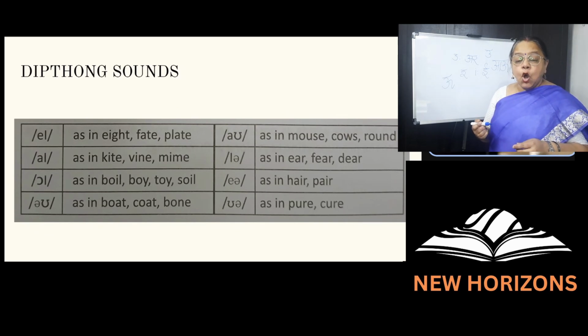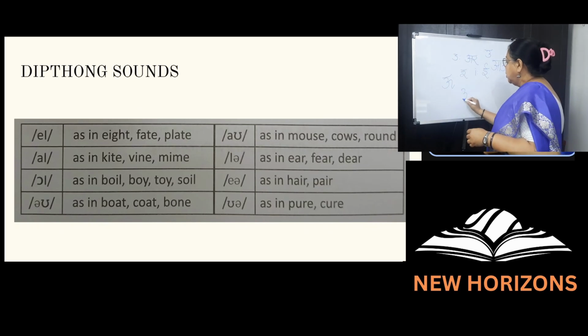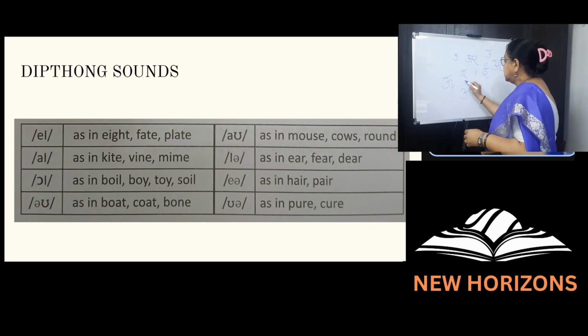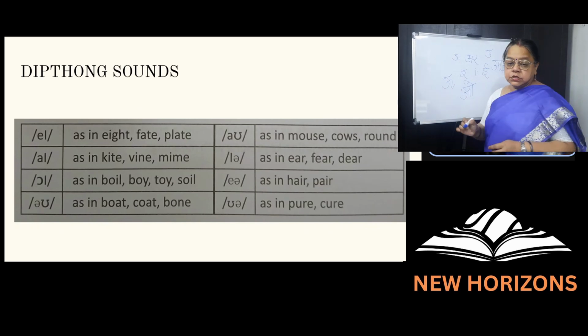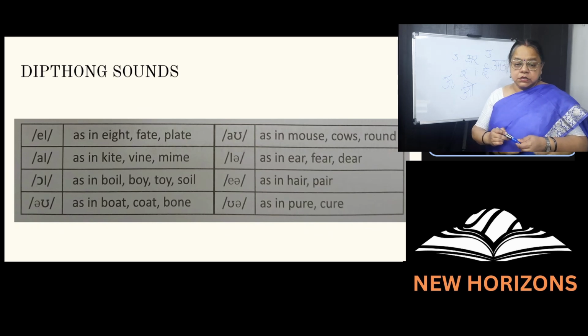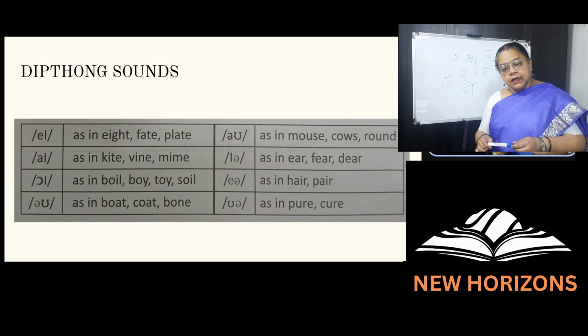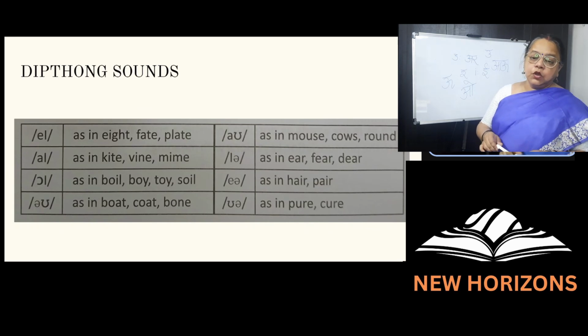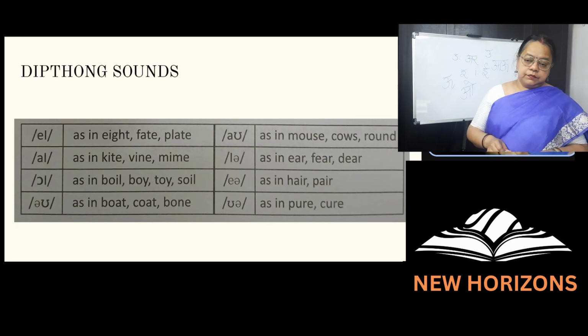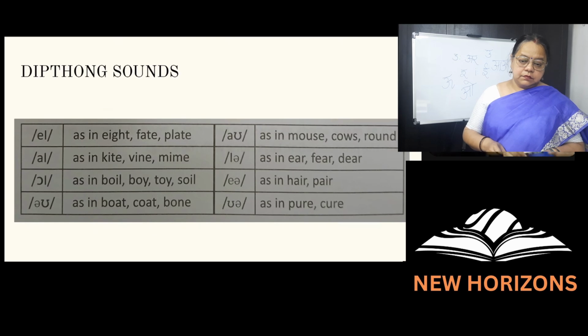That is the O sound: boat, coat, bone. Clear? Can we move on to the consonant sounds now? Yes, ma'am.